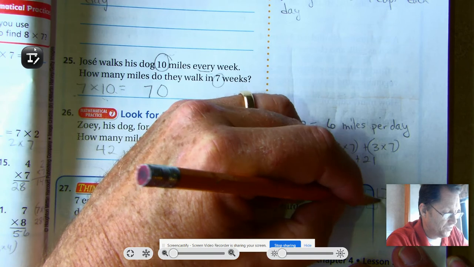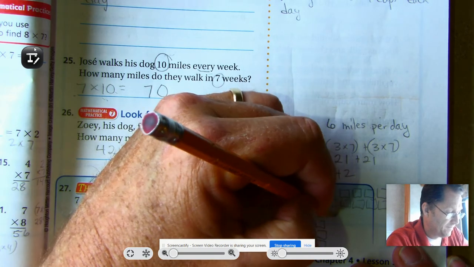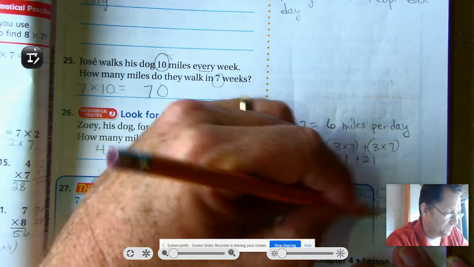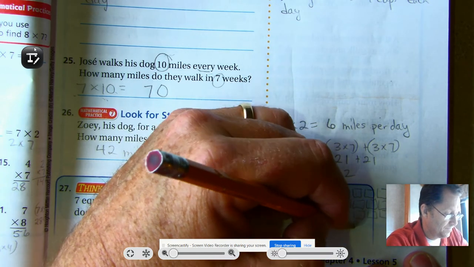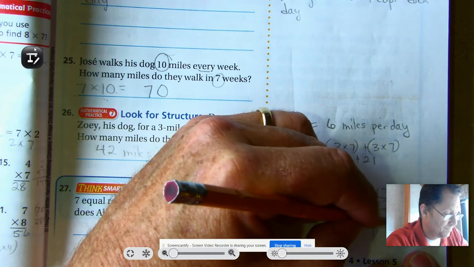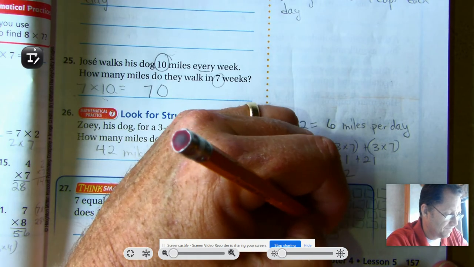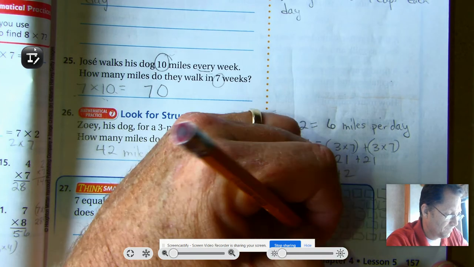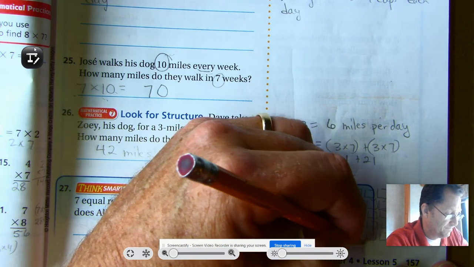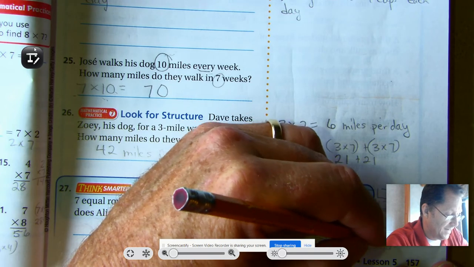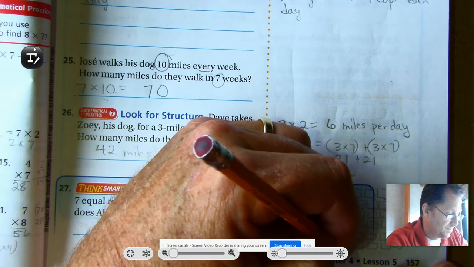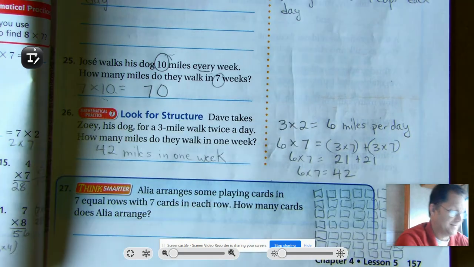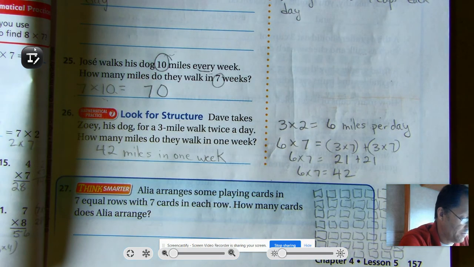For instance, you could use a math fact, 7 times 5, and then add 2 more 7s. Could skip count, use a number line, or use distributive property as we're doing in this example by drawing an array.